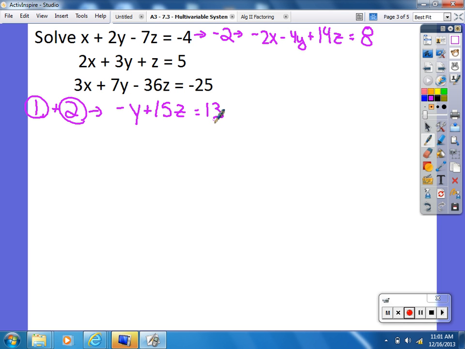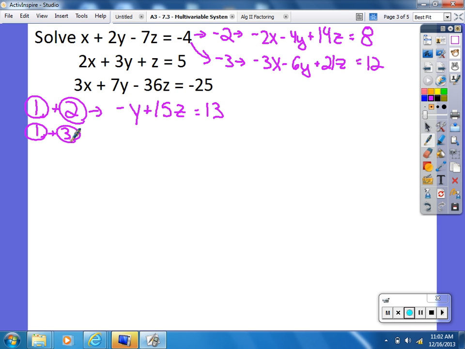So I'm going to multiply equation 1 by what number, guys? -3? -3x minus 6y plus 21z equals 12. So now I'm going to add together equations 1 and 3.